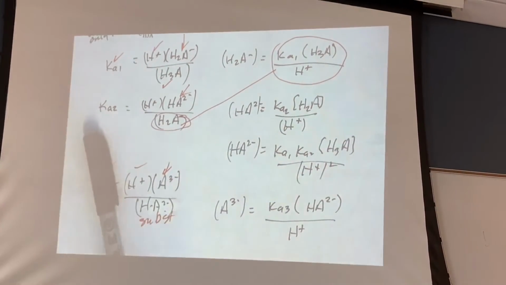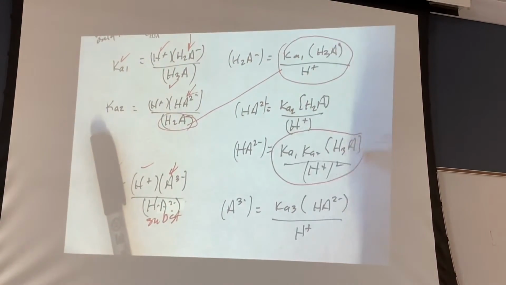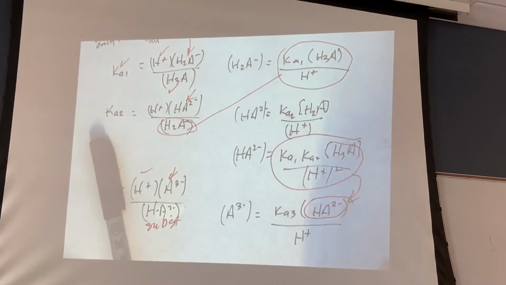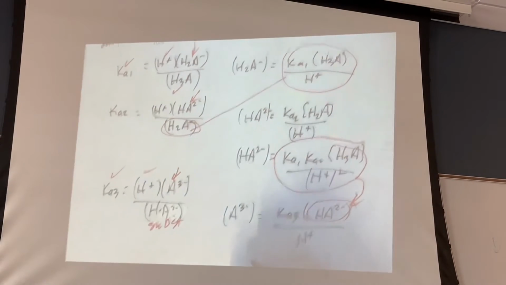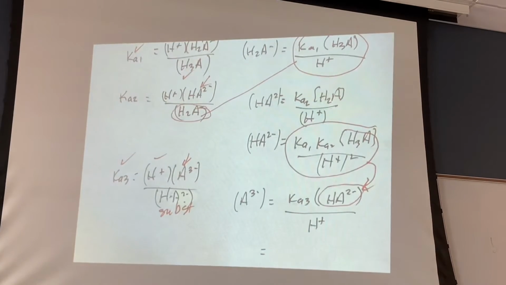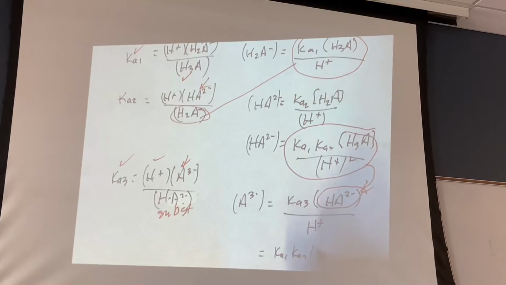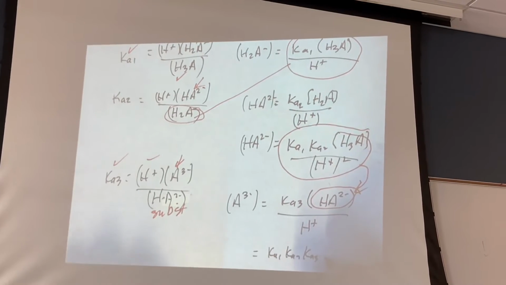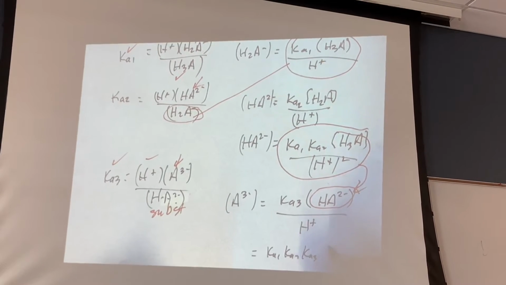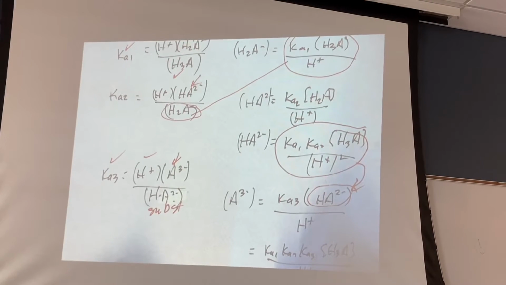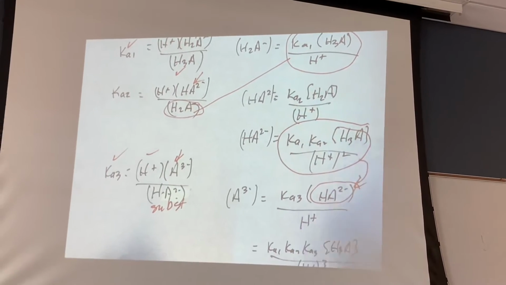And now I'm going to substitute this entire expression in for this. Make that substitution. And I get an expression for A3 minus that is Ka1, Ka2, Ka3, H3A all over H plus quantity cubed.